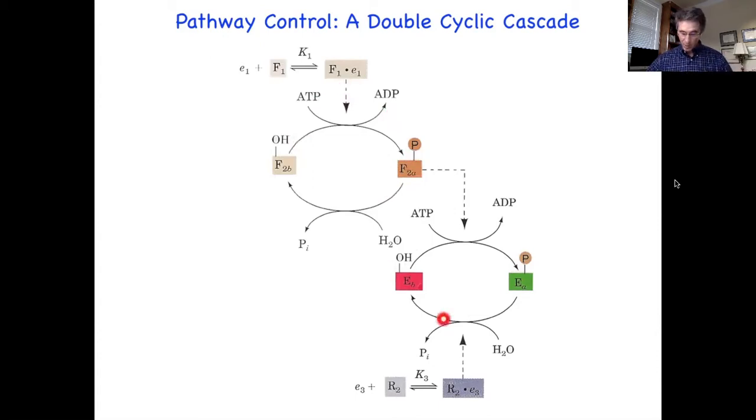Each one of those can now go hit a whole bunch of these guys, right? So now you can imagine stringing a whole set of these amplifying post-translational modification events together. And hopefully you could see, you can get enormous signal amplification, not just 10-fold or 100-fold, millions of fold, maybe even more.